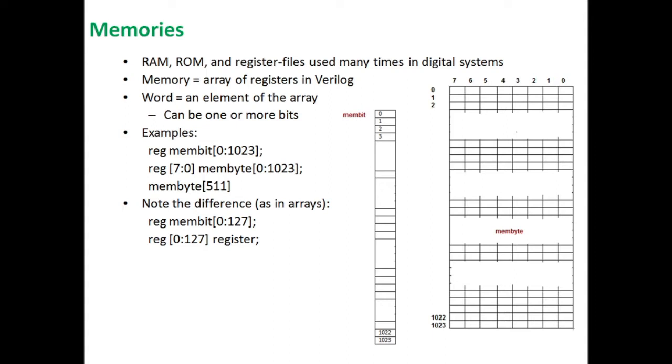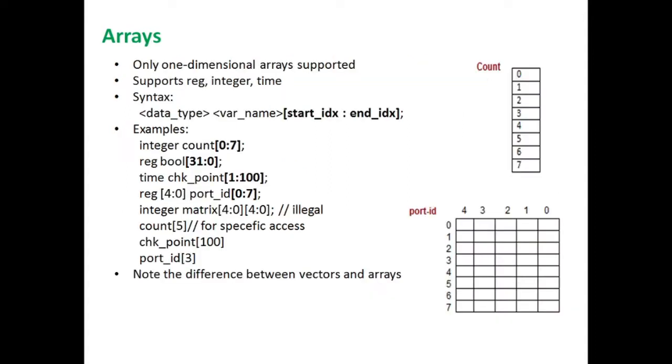Okay, so how to model these memories? We know that each element of the array is also treated as a word and is addressed by a single array index. You can see in the earlier slide that I am having 8 different elements.